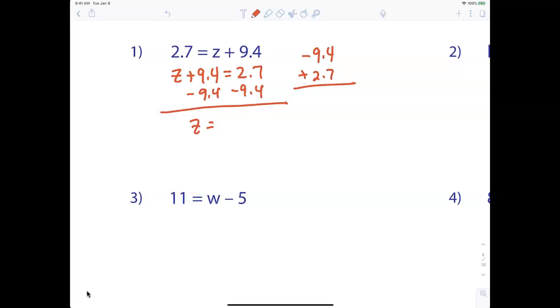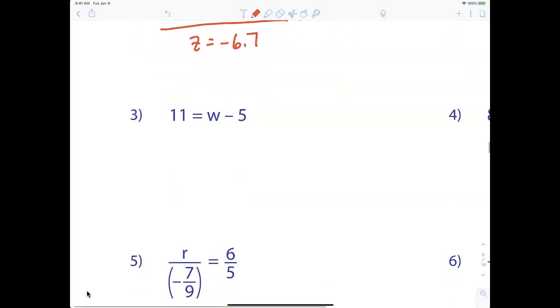All right, but I think you understand what I mean. 9.4 is bigger than 2.7, so I put the 9.4 on top because I'm going to subtract. So that's an 8, that's a 14, 7, 6, don't forget the decimal, negative. So z is negative 6.7.